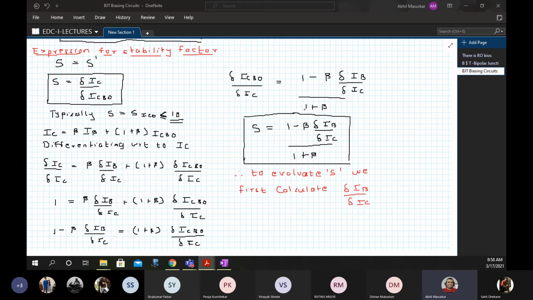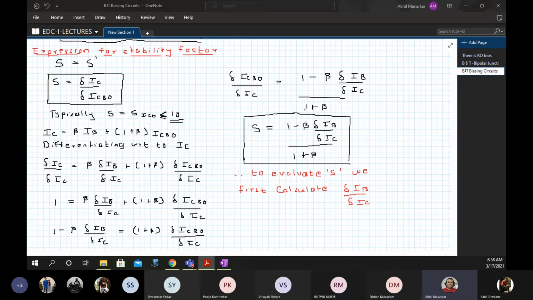The second question then arises, what is the slope of this line? So that is why we used the help of KVL and tried to write an equation using the output parameters VCE and IC. And from that equation, we got to know that the slope of the line is negative.